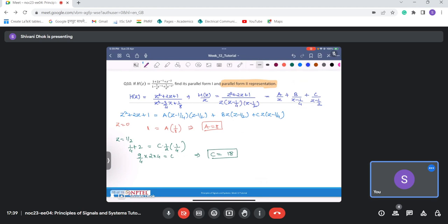Similarly, let's say z is equal to 1 by 4, so it will be 1 by 16 plus 2 by 4 plus 1 is equal to b into 1 by 4 into 1 by 4 minus 1 minus 2.